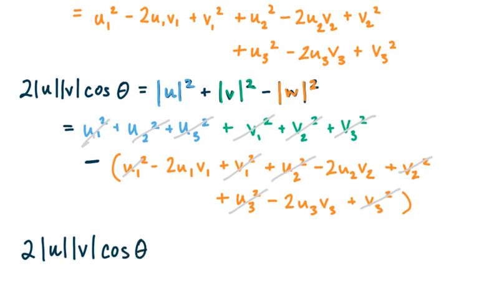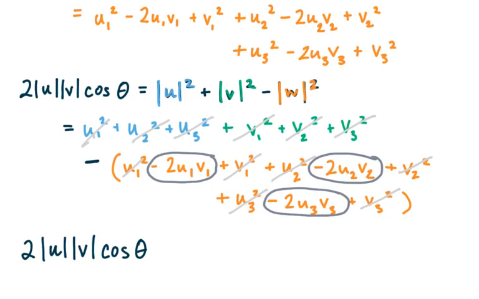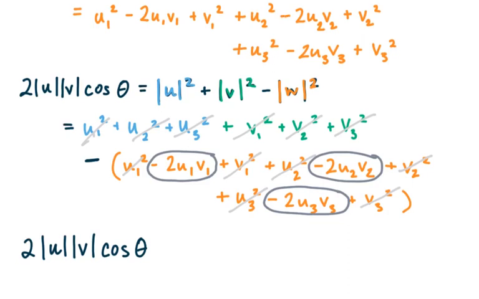What we're left with is 3 terms. And of course, we're subtracting all 3 of those terms, so those are going to become positive. So I have 2 U sub 1 V sub 1 plus 2 U sub 2 V sub 2 plus 2 U sub 3 V sub 3.